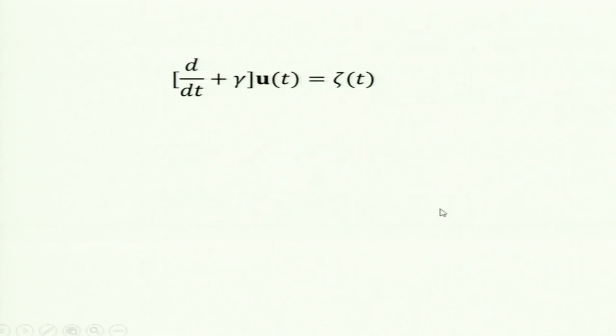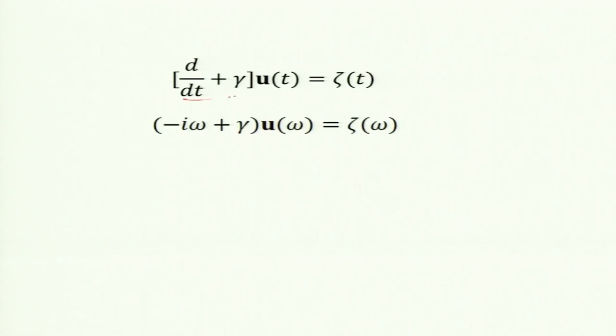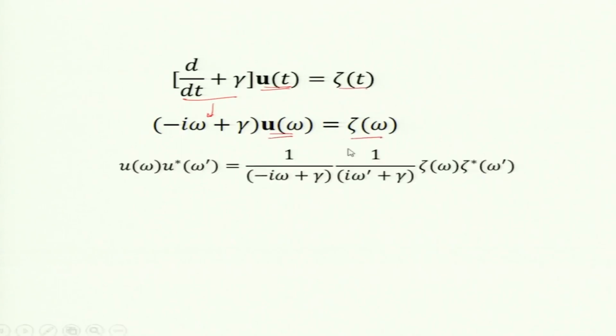Now, let us get to the correlation function. So, I do the Fourier transform of this. Same thing, u of t becomes u omega and zeta of t becomes zeta omega. I made it a scalar right now, but you can use a dot product as well if you like.